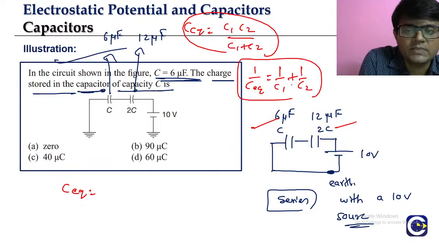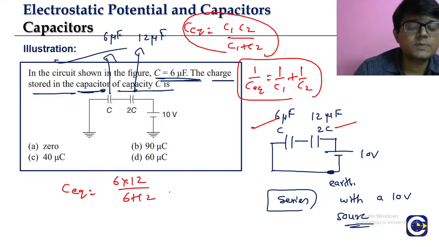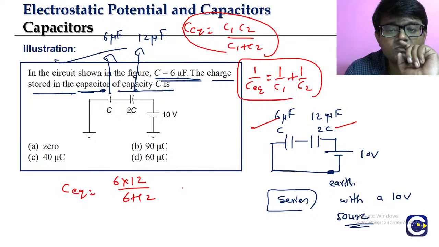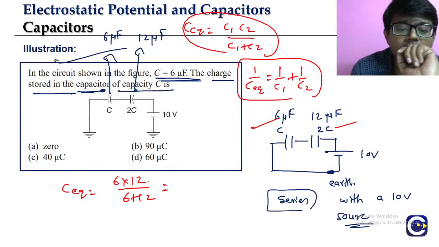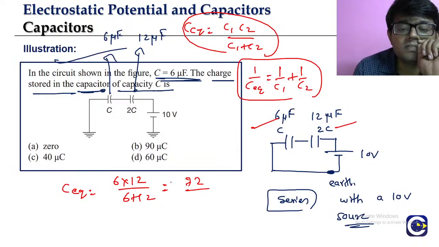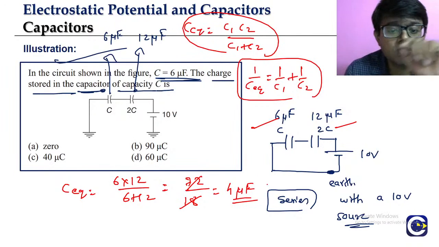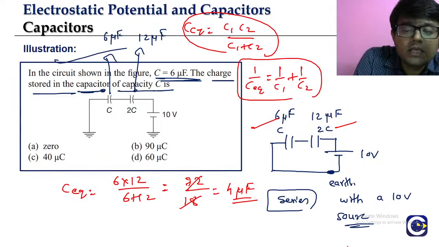That is the actual relation, but if you simplify, you get that. So 6 into 12 by 6 plus 12. 6 times 12 is 72, divided by 18, so 4 microfarad. So the equivalent capacitance of the series combination is 4 microfarad.